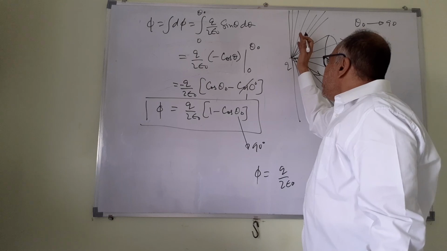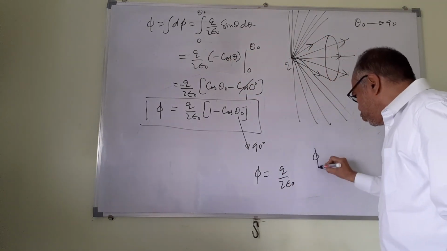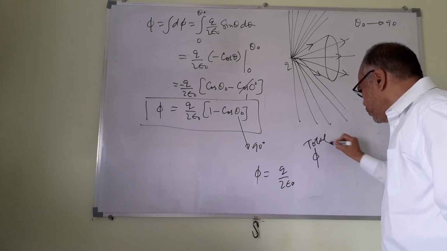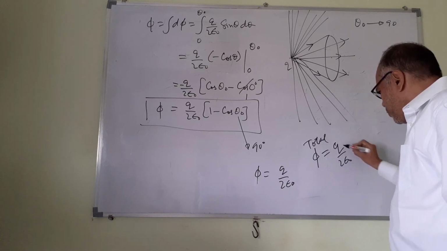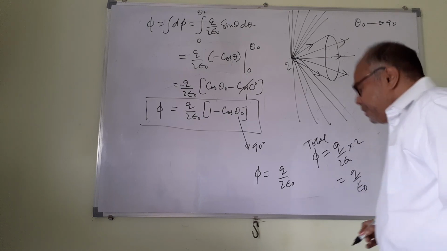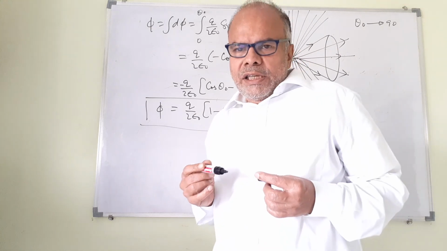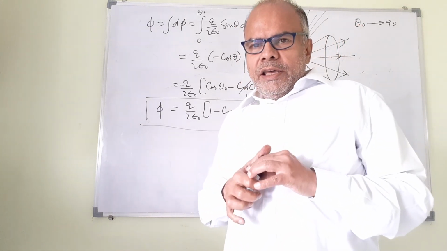By symmetry, q by 2 epsilon naught will also be on the left hand side. So the total flux phi would be q by 2 epsilon naught into 2, or q by epsilon naught. That is, the total flux from a point charge q would be q by epsilon naught.